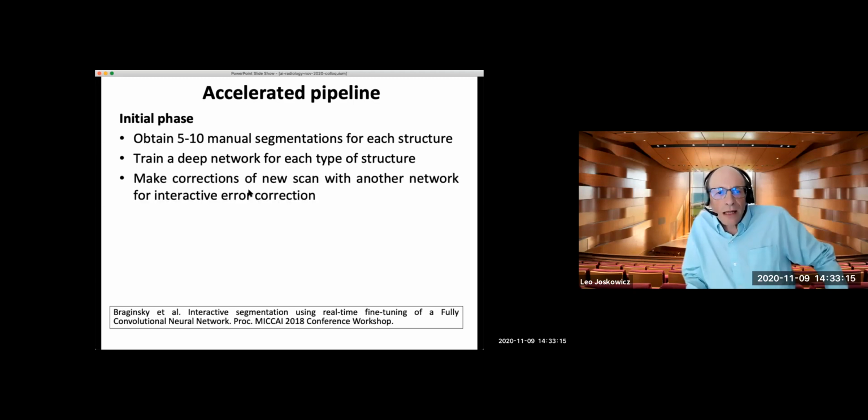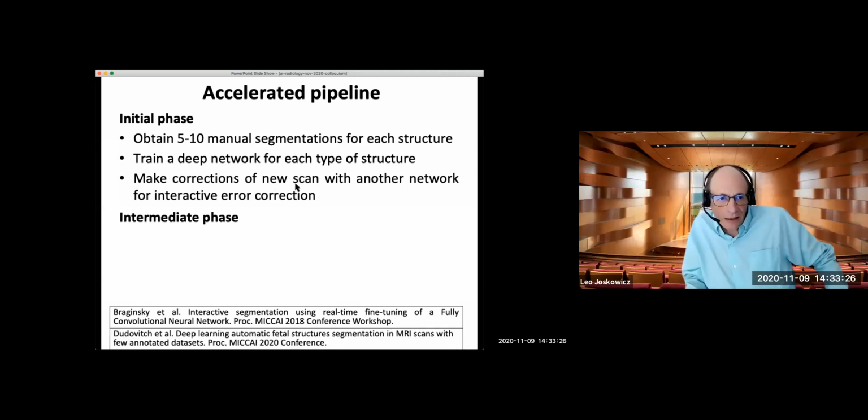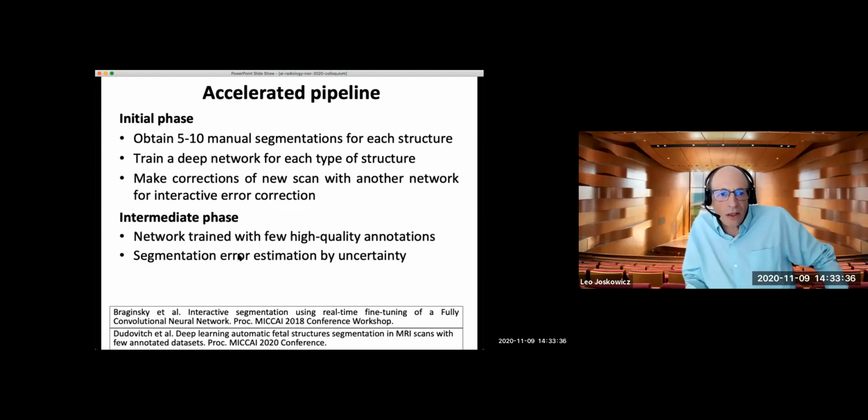We ask the radiologist to make corrections and train a network to learn how to make the corrections. And this is going to produce about 50 high quality annotated scans, with which we can now train a new network and start scaling up the production of high quality segmentations.